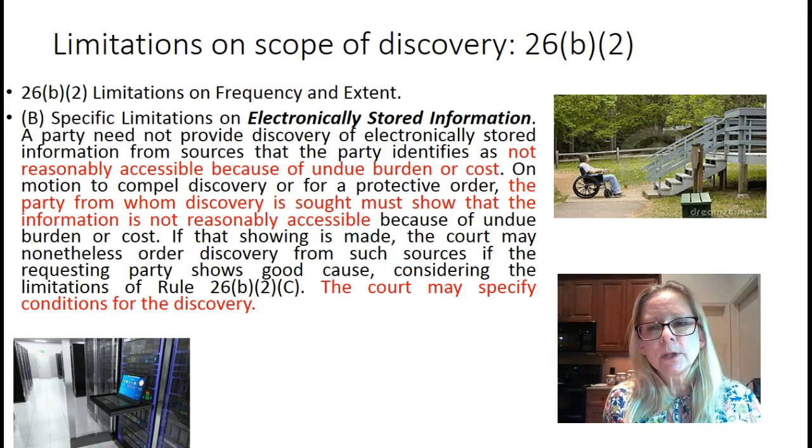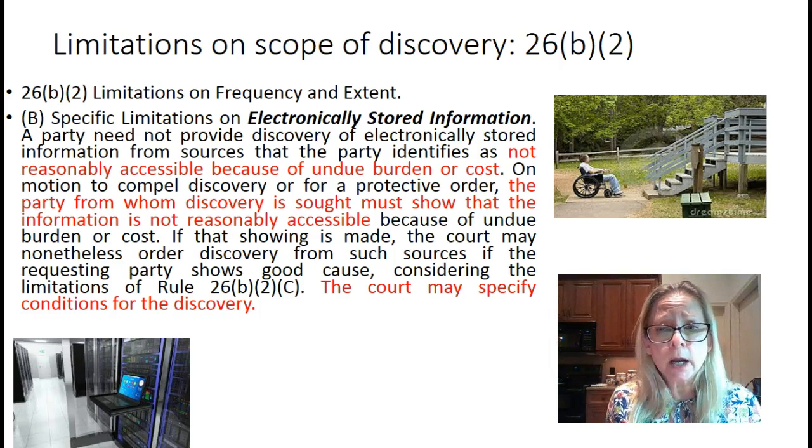So, for example, companies would have backup tapes of all the activity of the whole company backed up on a tape for various periods of time. And when I say tape, I mean literally a magnetic tape, not electronic.